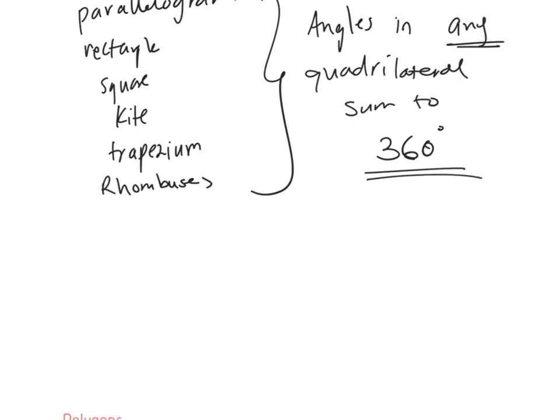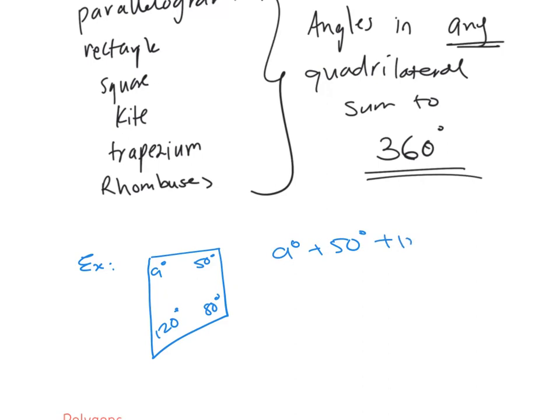Let's have a look at a quick example. Let's say I have this quadrilateral over here. This is A degrees, this is 50 degrees, this is 120 degrees, and that's 80 degrees. I want to find A, so I know that A plus 50 plus 120 plus 80 degrees equals 360 degrees.